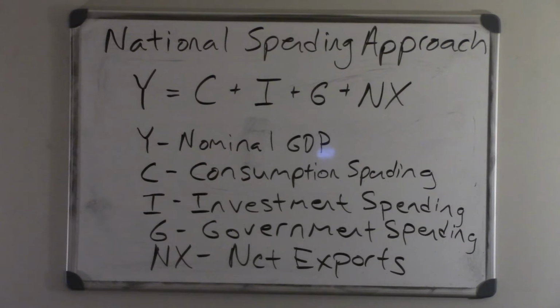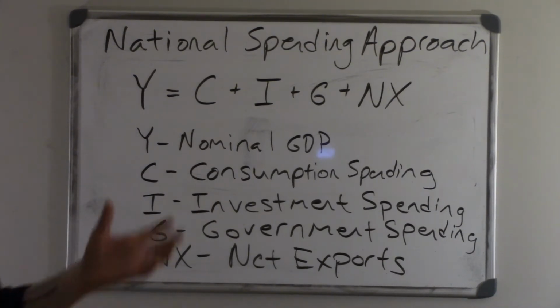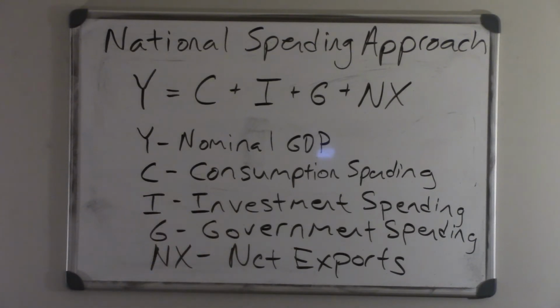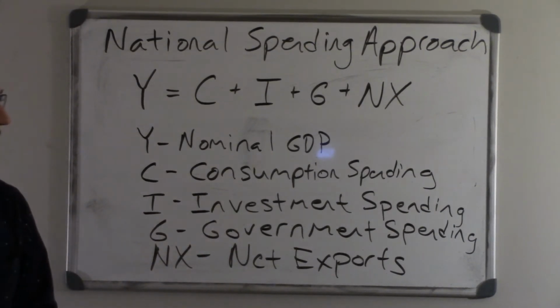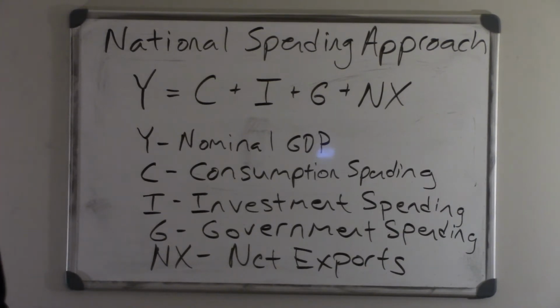When we're looking at this national spending approach, we're essentially saying, whatever money we spend, we must have made enough to do that. All the spending on all the products is the value of those products, and that's what we're trying to get out of GDP, for those newly produced goods.